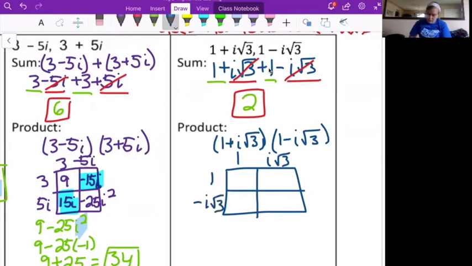So this will give me 1 times 1 is 1. This will give me negative i root 3. This will give me a positive i root 3. And then negative i times i would give me negative i squared. And then root 3 times root 3 would just be 3.